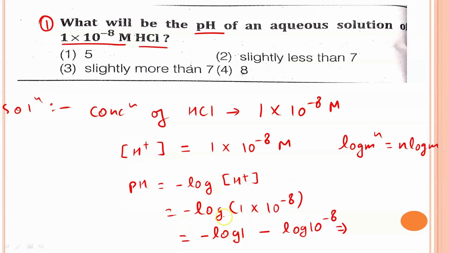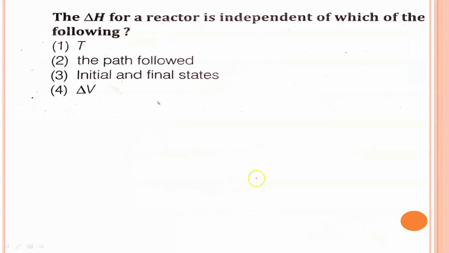And this log 1 is 0. So we will get minus minus 8, that is it will become plus 8 log 10, and since log 10 is 1, therefore pH will be 8. So from the given options, option 4 will be correct. Now let's move to the next question.